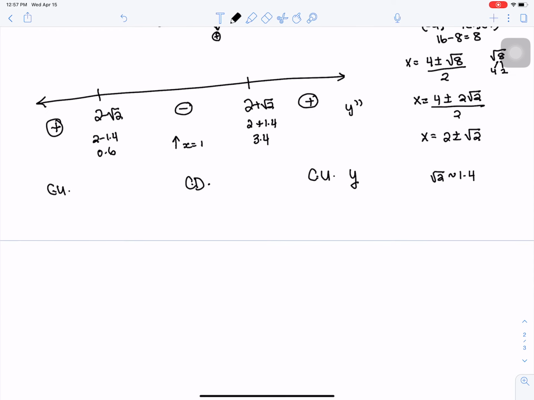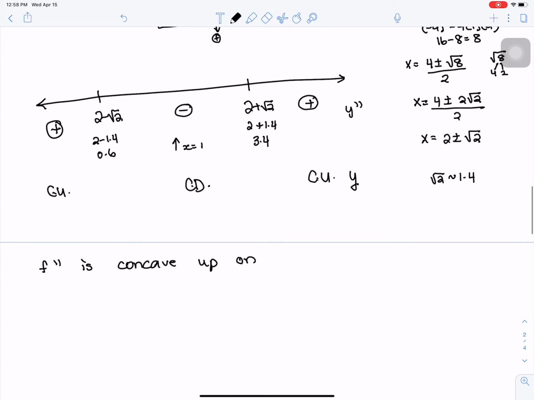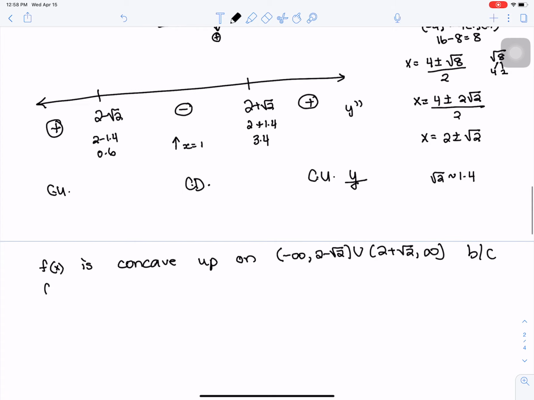So let's write our sentences. Y double prime is concave up on, and again, you can use y double prime or f double prime at x is, whoops, we don't want to talk about the second derivative, we want to talk about the original function because we're talking about f or y, is concave up on the interval negative infinity to 2 minus root 2 union 2 plus root 2 to infinity because our second derivative was positive.